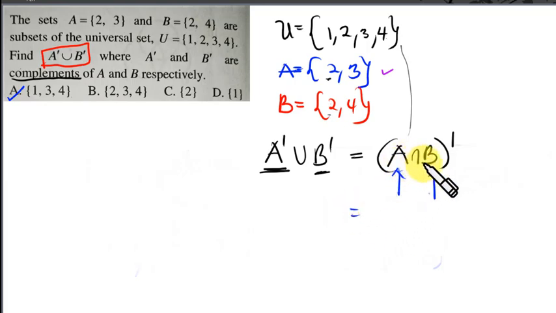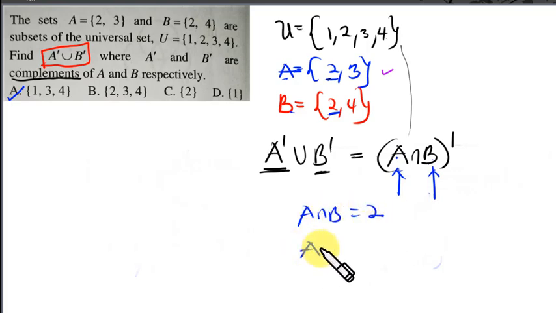So that is what I'm going to do. I know A intersection B, and it's very simple. It is the set of elements in A and in B. If I look at the set A, I see 2 here. And if I look at the set B, I see the same 2 here. So A intersection B is 2.